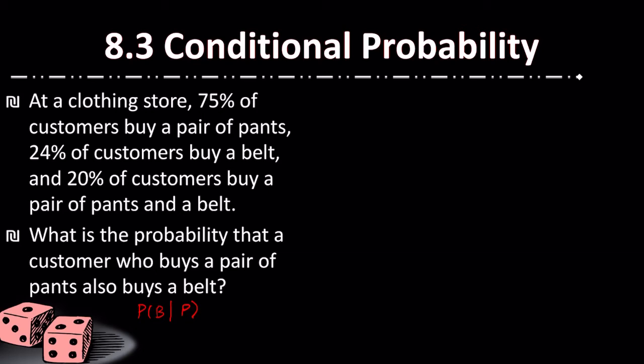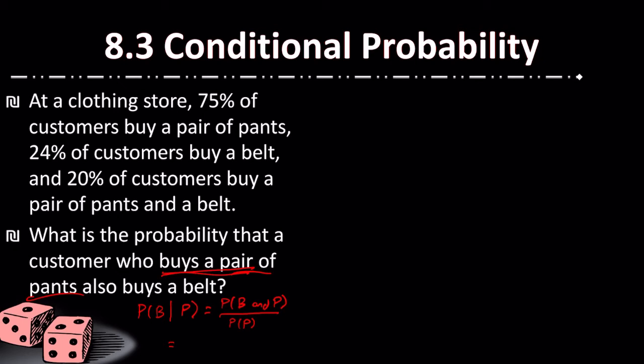That's the probability that the customer who buys it, we know they buy a pair of pants. And then we want the probability to get the belt also. So that would be the probability of a belt and a pant over the probability of just the pants. All right, well, belts and pants.